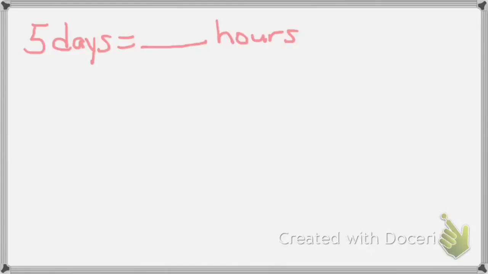Days are longer or larger than hours, so this is going to be large to small conversion, and we know that large to small means multiplication. I take the given number, which is 5. I take the operation I just chose, which was multiplication, and now I need to figure out how many hours are in a day. You may know this, but if not, you'll look back at the chart, which you do need to have memorized for the test.